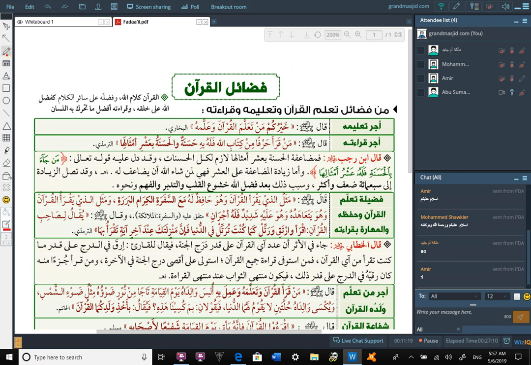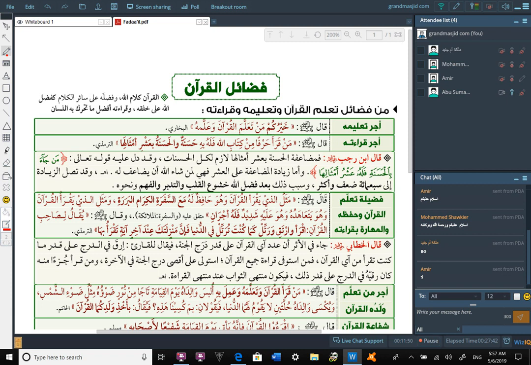So the best thing that we could be doing is reciting the book of Allah, especially during this month of Ramadan, in which the Qur'an was sent down. Al-Qur'an kalamullah, the Qur'an is the speech of Allah. Wa fadluhu ala sa'iril kalam, and its virtue over the rest of speech, ka fadlillahi ala khalqihi, is like the virtue of Allah over his creation.